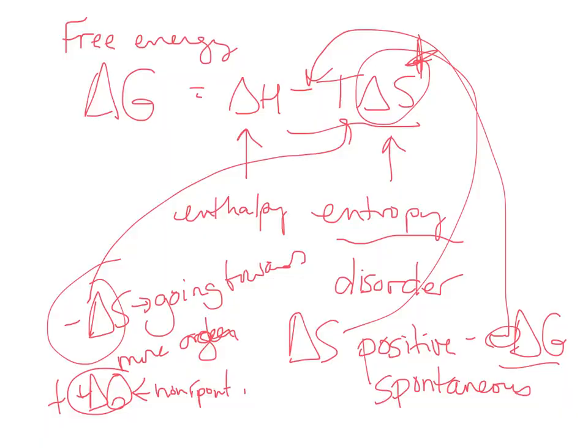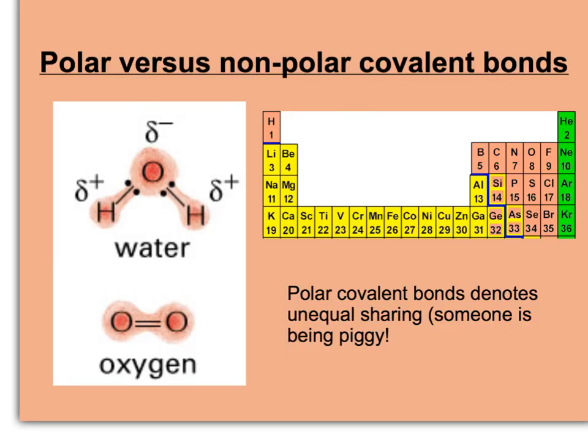Okay, so what does that have to do with covalent bonds? Well, here's a perfect example: you're taking two hydrogen atoms and an oxygen atom. So this is more disorder than when you create the molecule of water.